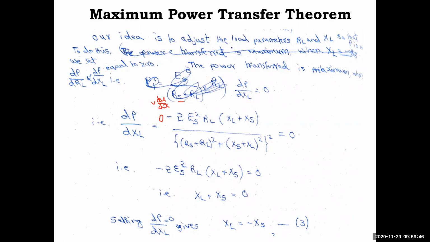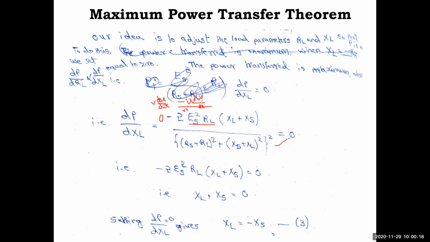Minus, you have u into dv by dx. u is ES square into RL, and dv by dx is 2 into (XL plus XS). So differentiation of v gives this answer, and in the denominator you have v square, which is this whole square, equal to 0.